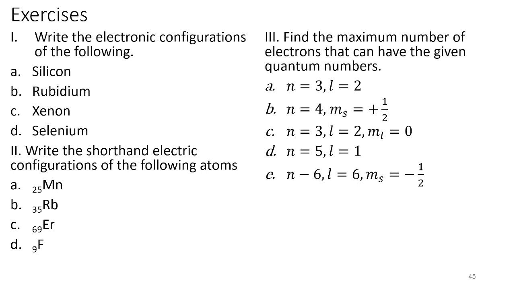Meaning to say, do not use the symbols of the noble gases. For part 2, write the shorthand electron configuration of the following atoms. In here, you will be using the noble gases. And for the last part, you need to find the maximum number of electrons that can have the given quantum numbers. You're given here the different quantum numbers.